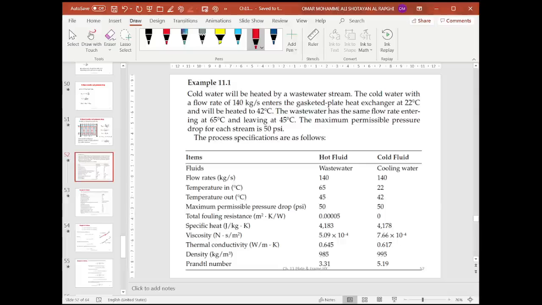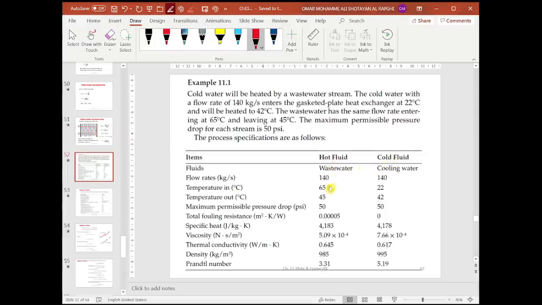There is one example in chapter 11 in our textbook showing the calculations for a gasket plate heat exchanger. The idea here is that you have water or wastewater as the hot fluid, and cooling water as the cold fluid.